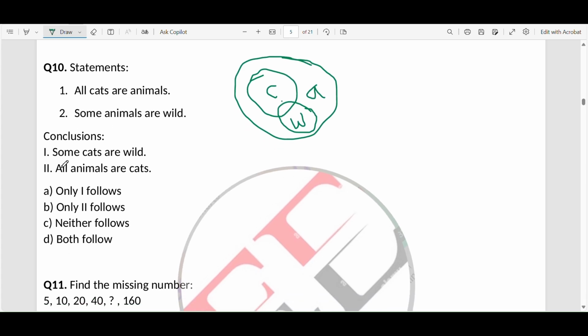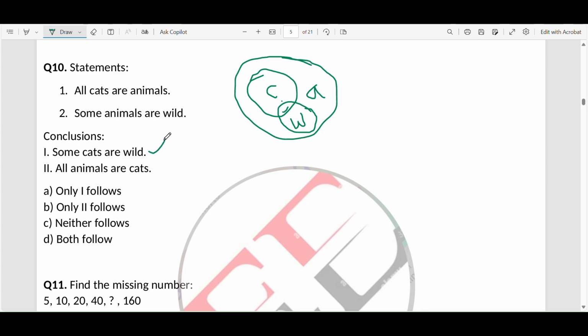Now we have to see which conclusion follows. The first conclusion is some cats are wild. Yes, it is true. Cats and wild are intersecting, so this amount of cats are wild.